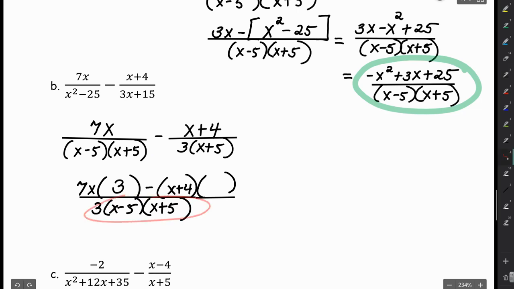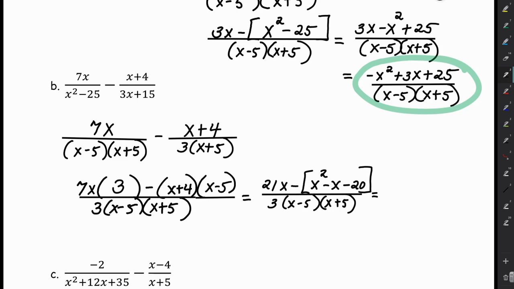Compare this to our original denominator. What's extra? x minus 5. All right, and just be really careful, following order of operations, simplify, try it on your own. When you're ready, restart the recording.